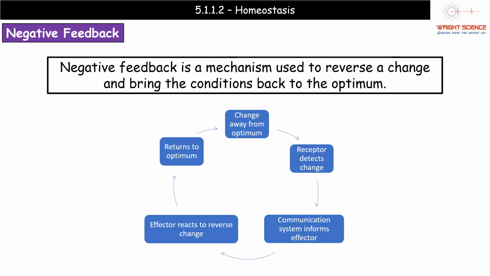So something has changed away from where it should be. We've got a receptor that's going to detect that change, and then we're going to send information along the communication system to the effector so that the effector is going to then reverse it. So negative feedback is always about reversing the change and bringing it back to the optimum there.